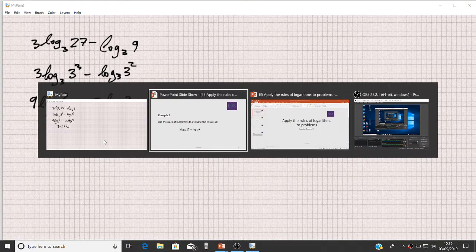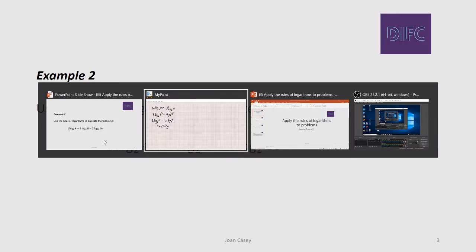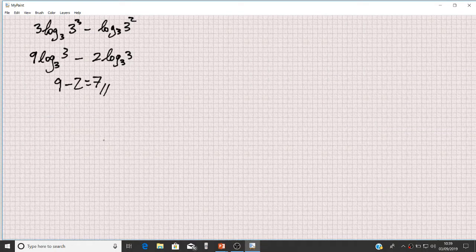Let's take a look at another example. The next example is to use the rules of logarithms to evaluate the following: 3 log base 2 of 4 plus 4 log base 2 of 8 minus 2 log base 2 of 16. So we'll take a look at that example. It's quite similar to the last one.